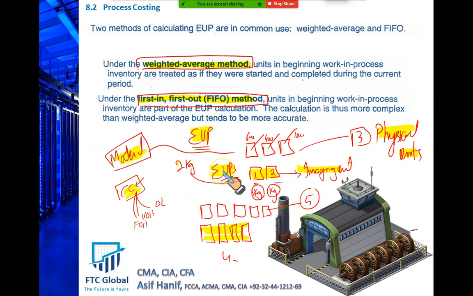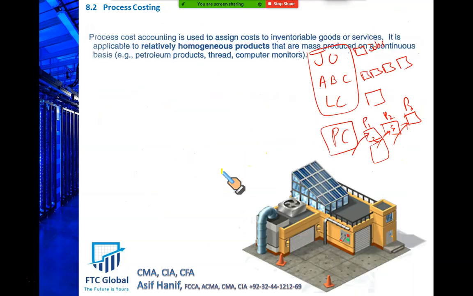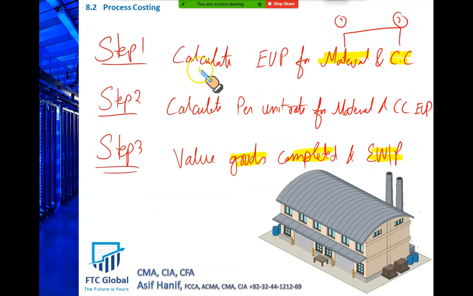We need the equivalent units of production for our calculations. So this is the first step. The first step is to calculate the EUPs for material separately and for conversion cost separately. In the second step, you calculate per unit rate for material and conversion cost EUPs, and in the third step you do the valuation. Now let's focus on the first step. How do we calculate EUPs?